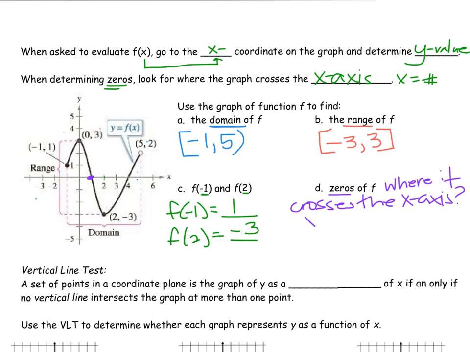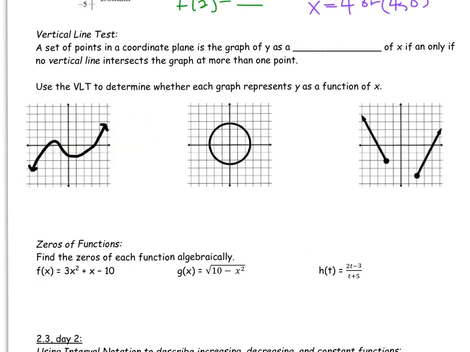So we can either say x equals 1, or you can write it as an ordered pair, (1, 0). Keep moving along and notice it crosses the x-axis again at 4. So we would say x equals 4, or write the ordered pair (4, 0). We're just interpreting a graph for unique values like domain, range, evaluating function inputs, and finding zeros.